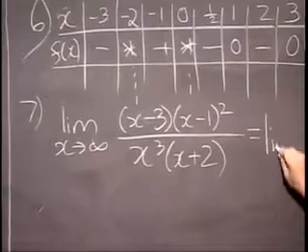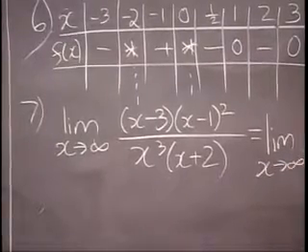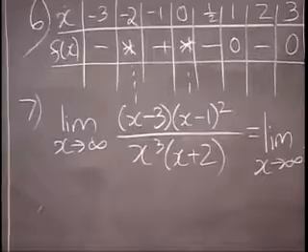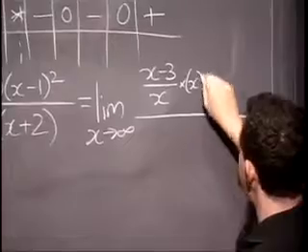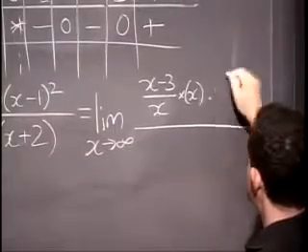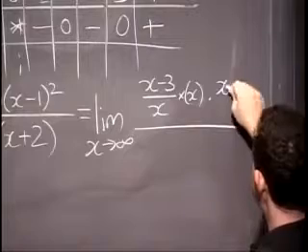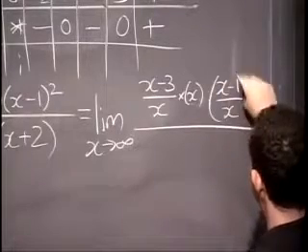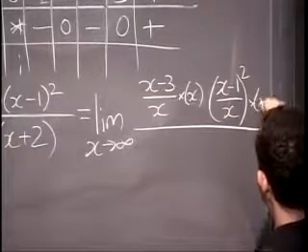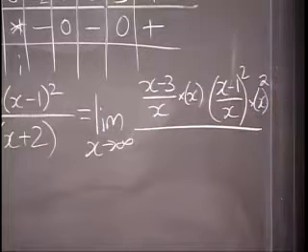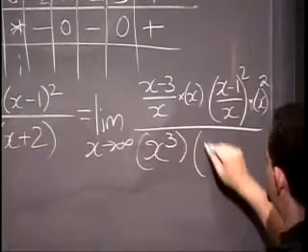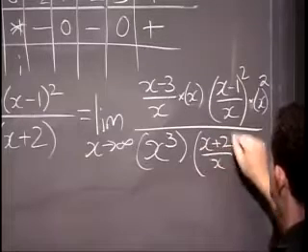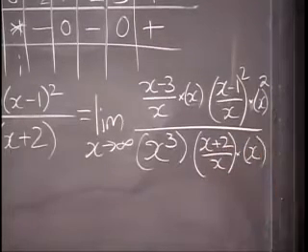You can do it using my polynomial limit method, which is to take this x minus 3 factor, divide by x, and then remultiply by x. And then, because x is the leading term, do the same for x minus 1 all squared, except now you have to correct by multiplying by x squared. And then on the bottom, x cubed doesn't do any harm, and x plus 2 I can write as x plus 2 over x times x.